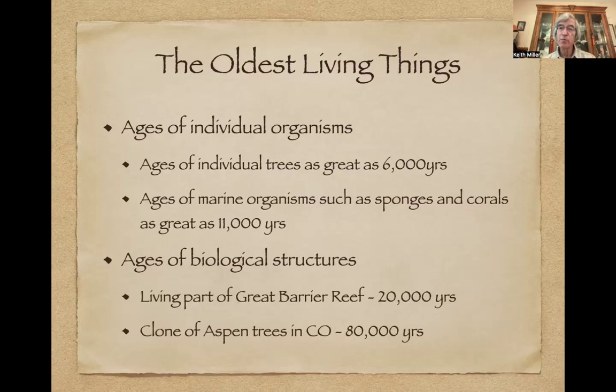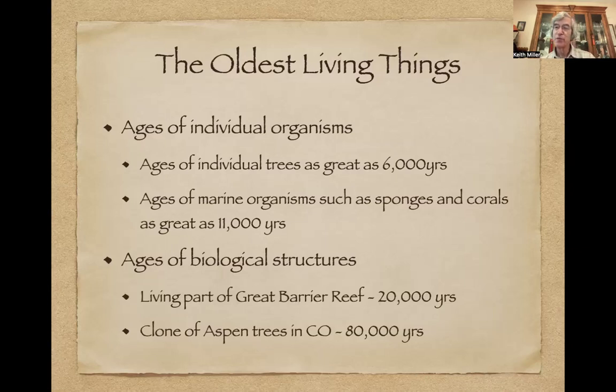And a number of marine organisms, particularly sponges and corals, also can have very, very long lifetimes on the order of many thousands of years. And if you look at not just a single individual organism, but a whole structure of organisms, like the Great Barrier Reef, the living parts of coral reefs can be up to 20,000 or so years old.